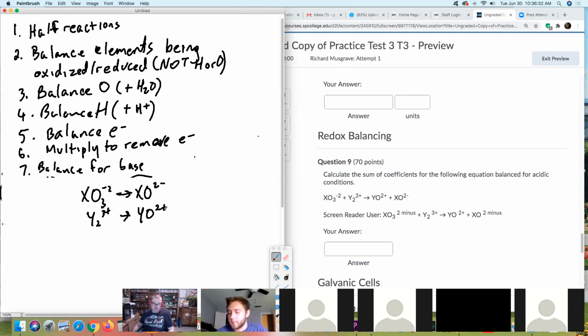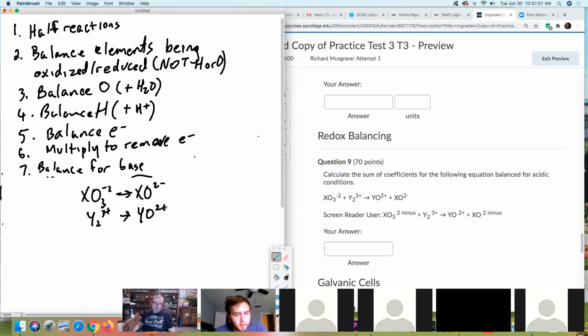Oh, okay. Now, at the present time, I can look at it and I can say, well, it looks like the top one's a reduction. I can say that because there's more oxygen on the reactant side than the product side. So it goes down from 3 to 1. And the other one goes from 0 to 1 O. So I'm pretty sure that's an oxidation. But in any case, you're always going to get one oxidation, one reduction.